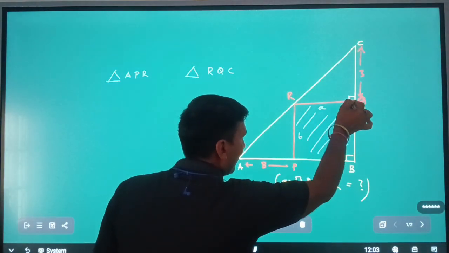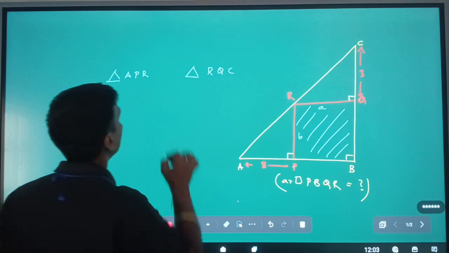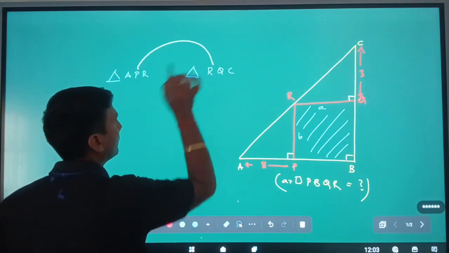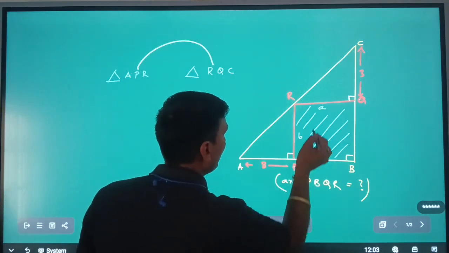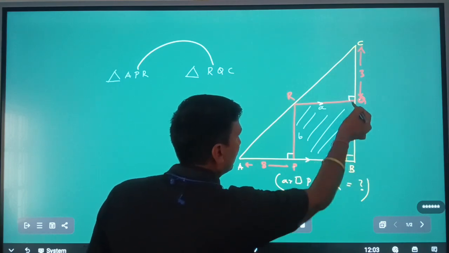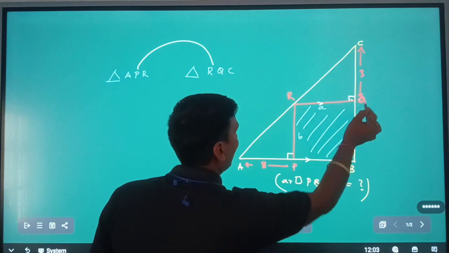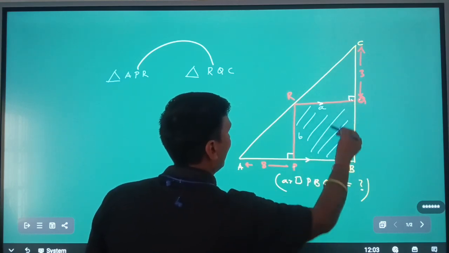Now, start to build up the things. This angle is a right angle, so angle Q and angle P are the same. Similarly, these two lines are going to be parallel. Why so? Because this and this both have right angles, and by the corresponding angle property, these two lines are going to be parallel.